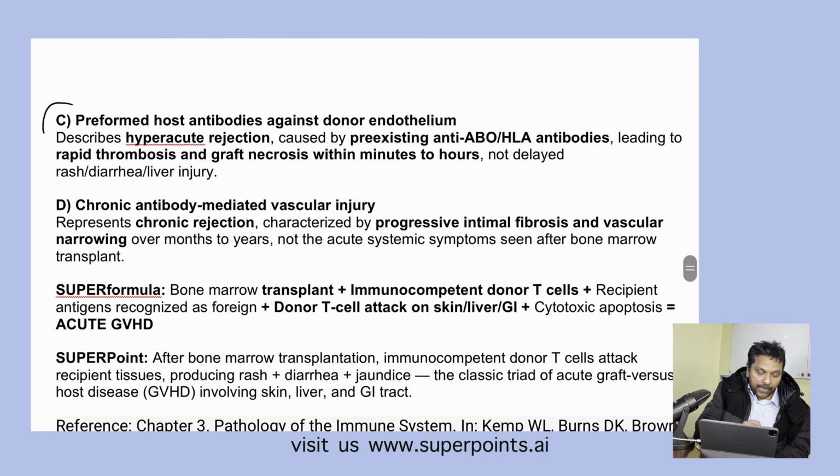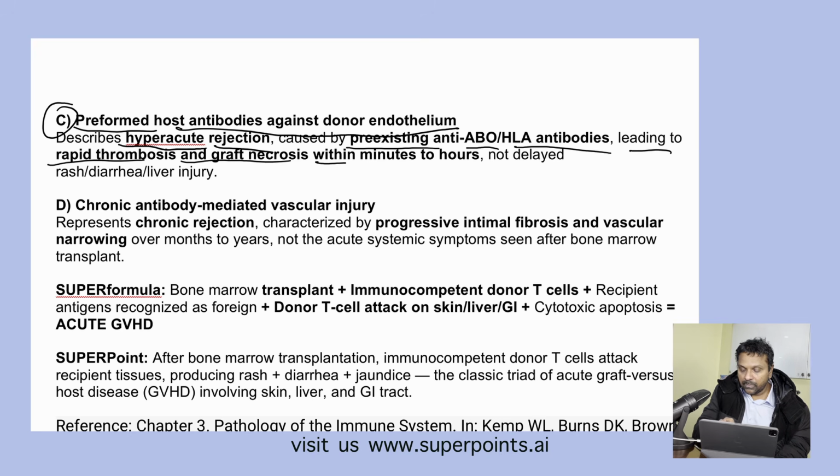What about preformed host antibodies acting against donor epithelium? This describes hyperacute rejection, caused by pre-existing anti-ABO and HLA antibodies leading to rapid thrombosis and graft necrosis within minutes to hours, not delayed rash, diarrhea, and liver injury.